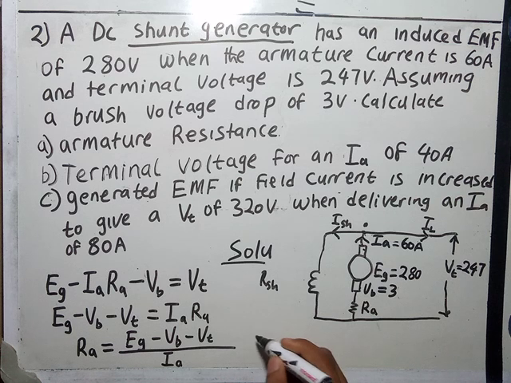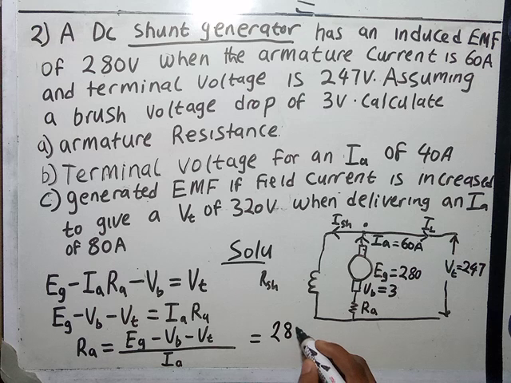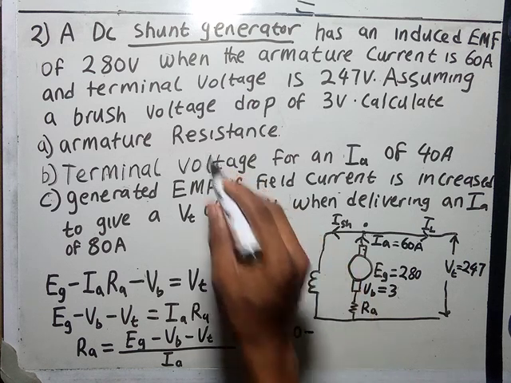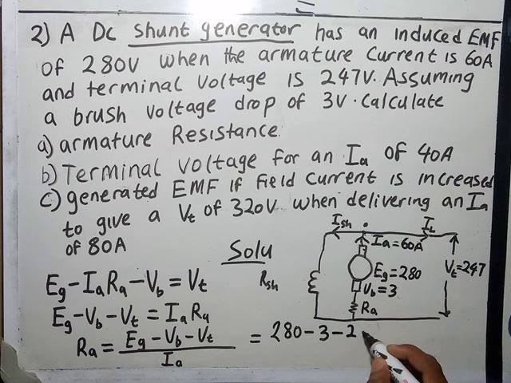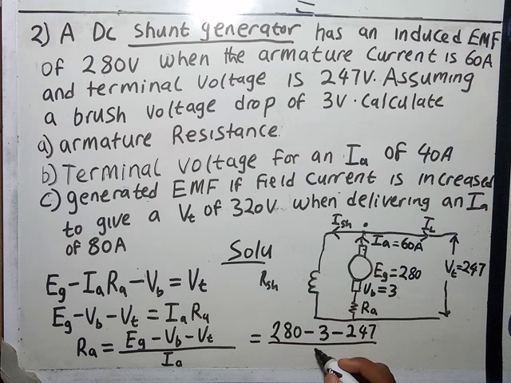So let us input our values. Our EG, according to them, is what? 280. We subtract our brush voltage drop 3 and our terminal voltage 247, then we divide by IA, which is 60.